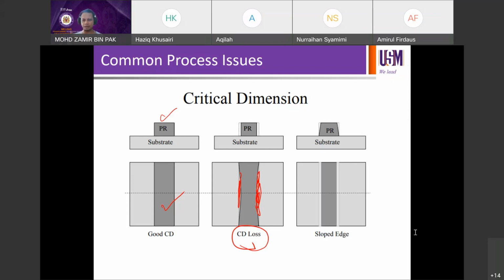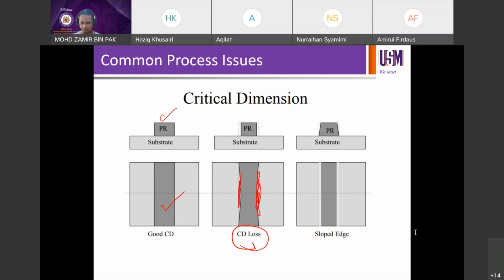Okay, now let me ask you, what is the problem now? What is the issue now? Can you identify the problem? Anyone? Amiro, can you repeat the problem statement? CD is large. The problem statement is that we have one CD of 125 nanometer. Yes, we want to reduce it to the target 100 nanometer.